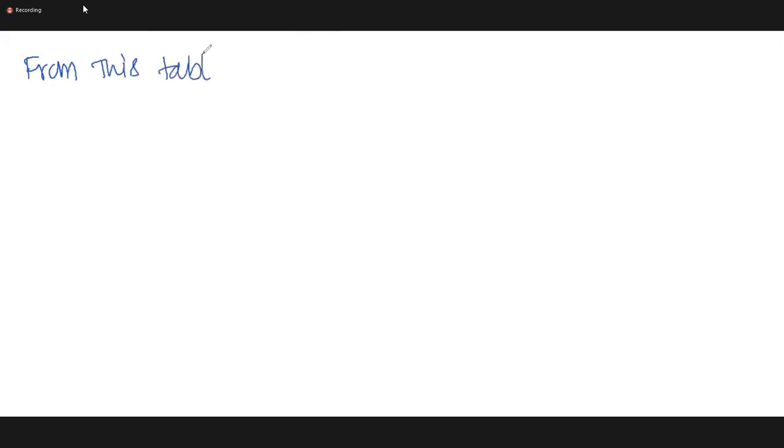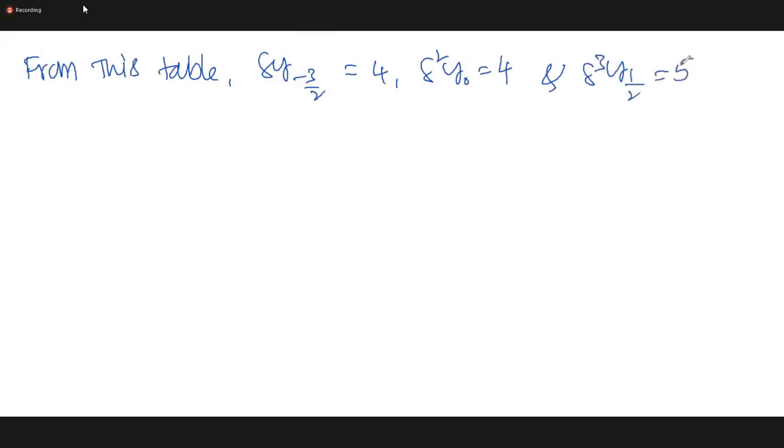From this table, small delta y -3/2 is equal to 4, small delta square y 0 is equal to 4, and small delta cube y 1/2 is equal to 5. So these are the three major operators: forward, backward, and central differences.